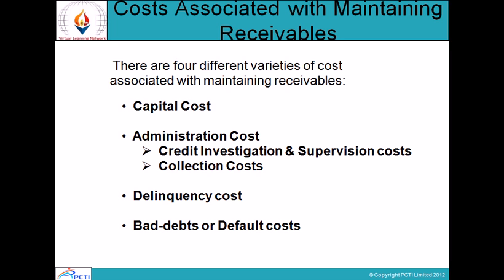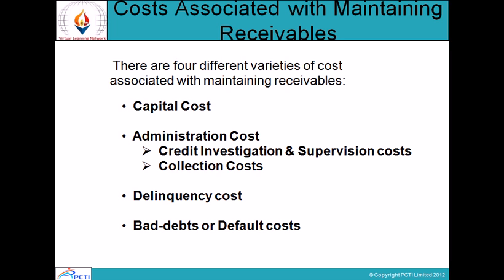Now, in this slide, we will understand what are the costs associated with maintaining receivables. Once you have receivables, you need to maintain those receivables. So there are four different varieties of cost associated with maintaining receivables. First is capital cost. The firm sells goods on credit to achieve good sales, right?